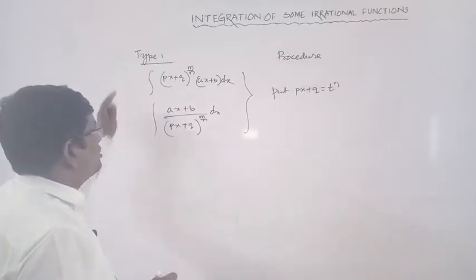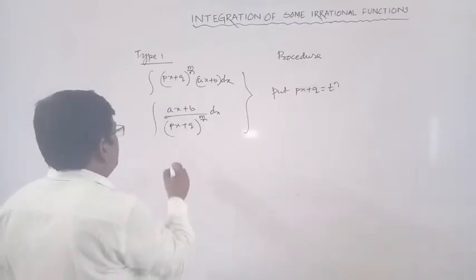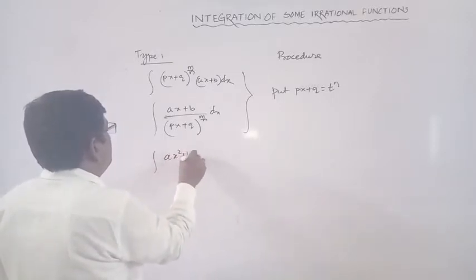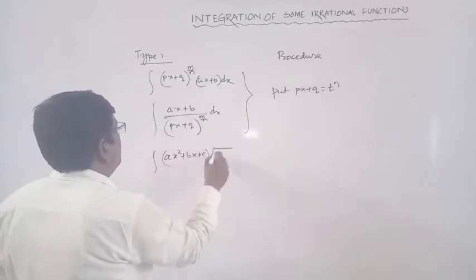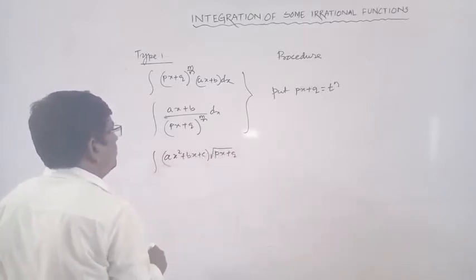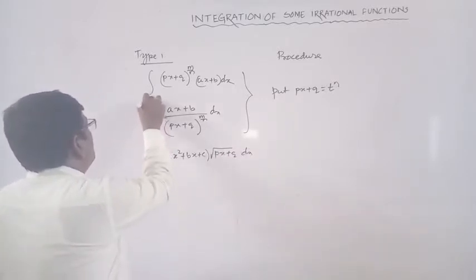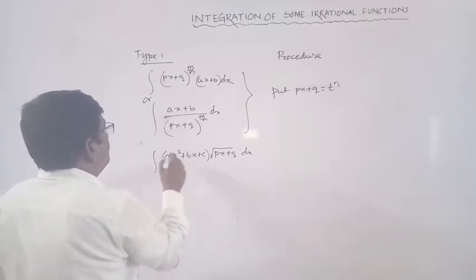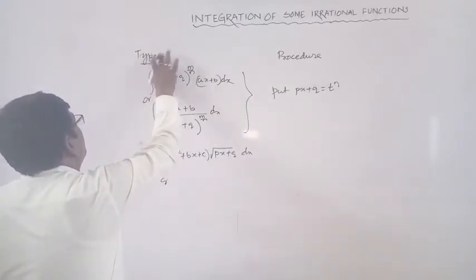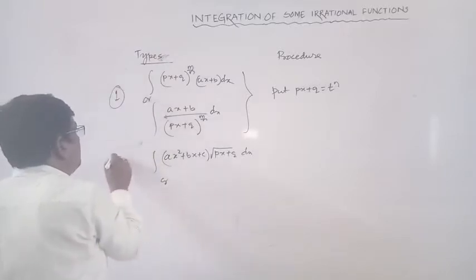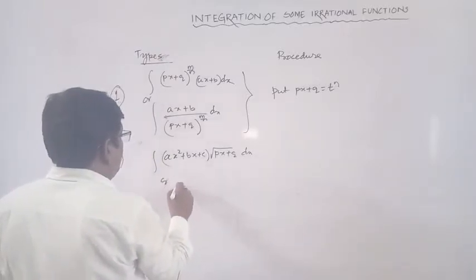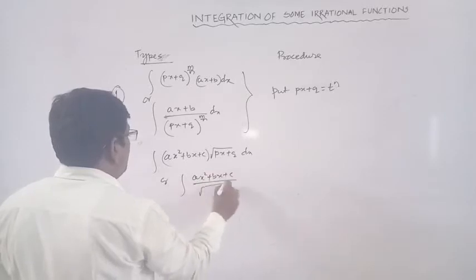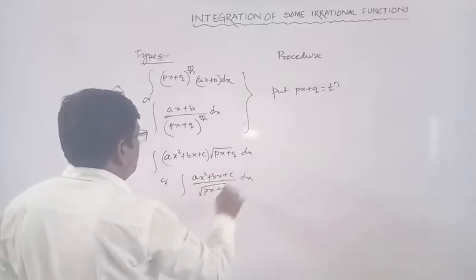Now, type 2: integration of (ax square plus bx plus c) root over px plus q dx, or integration of (ax square plus bx plus c) divided by root over px plus q dx.